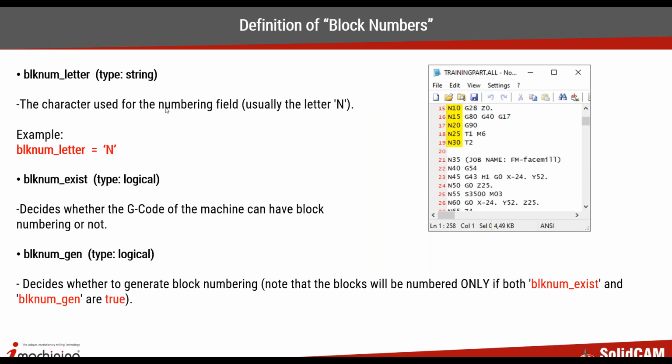Block number letter is usually the n, like I said. Block number exists: does the machine have the block number option? Block number generate: do we generate the block numbers? And like I said, if they're both true, it will print it out.